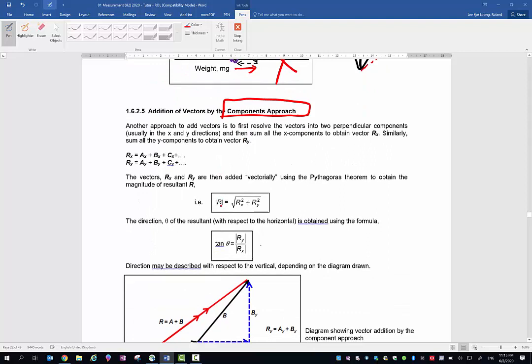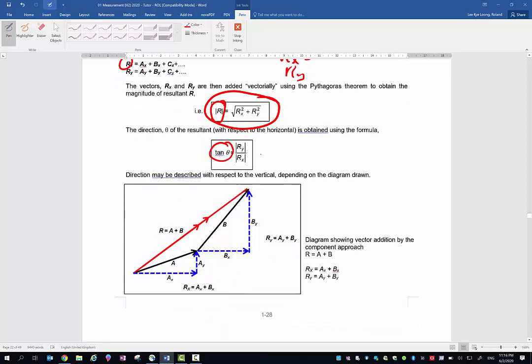Let's say there are 5 forces, A plus B plus C plus D plus E. Rx is the sum of all the horizontal components of A, B, C, D, E, and Ry is the sum of all the vertical components. The resultant magnitude is the square root of Rx squared plus Ry squared, by Pythagoras theorem, and tangent theta equals Ry over Rx, so theta equals arctangent of Ry over Rx.